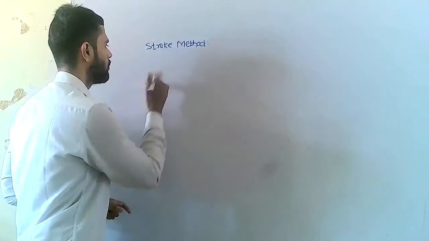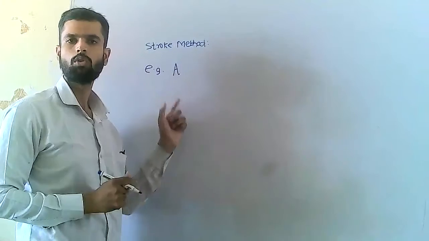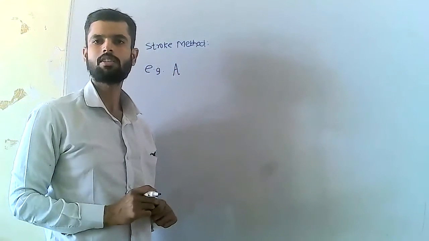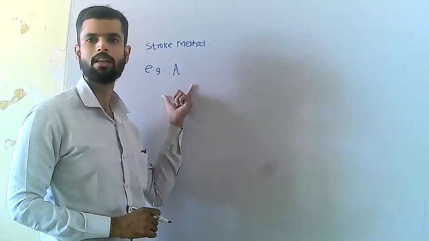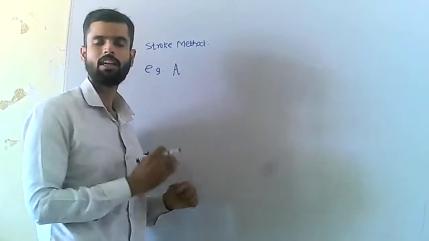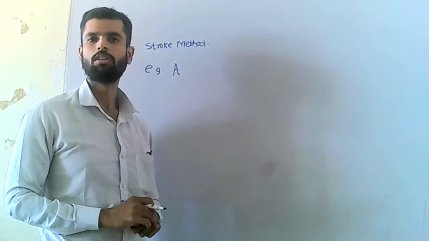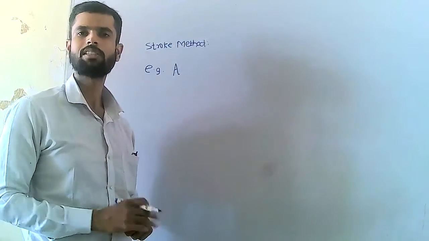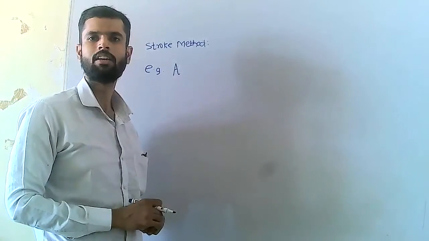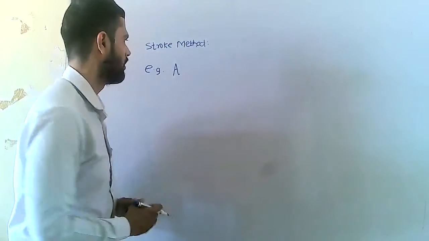Suppose we want to draw a character A, then we should give the commands in such a way that the parameters match in order to draw a character A. That means if we use line generating techniques for a particular character, we can use the same technique for different character generation.